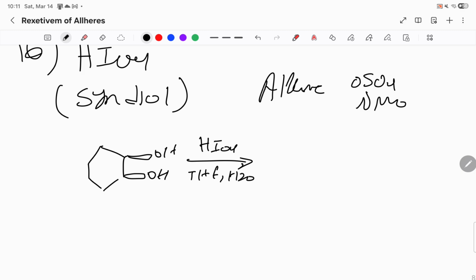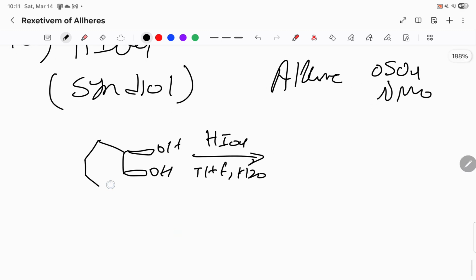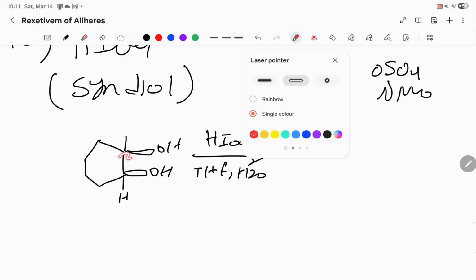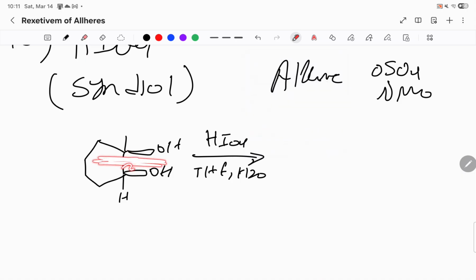Now, why does this matter? Well, let's add a couple more substituents. Let's say this is a hydrogen and this is a methyl group. If I were to cut straight down here, because this is an OH and there's another carbon here, this region will end up becoming a ketone. And because this region only has a hydrogen, it will end up being an aldehyde.